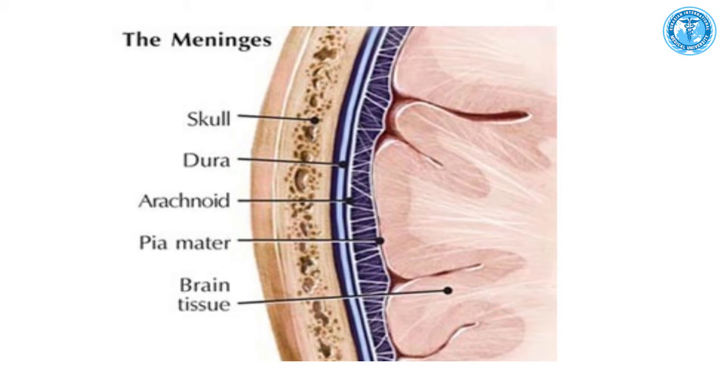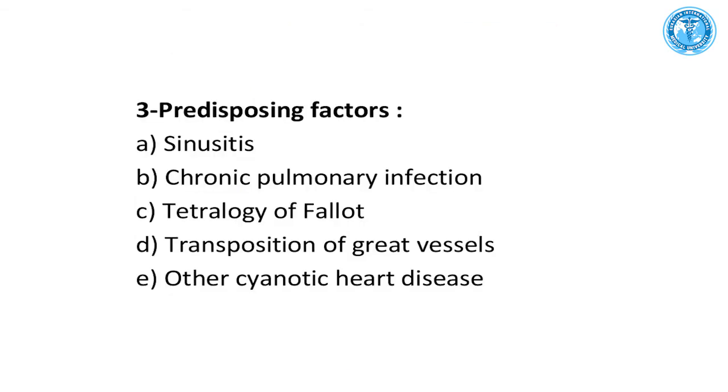It is to remind you where they are located. Predisposing factors: A, sinusitis, B, chronic pulmonary infection, C, tetralogy of Fallot, D, transposition of great vessels, and other cyanotic heart disease.